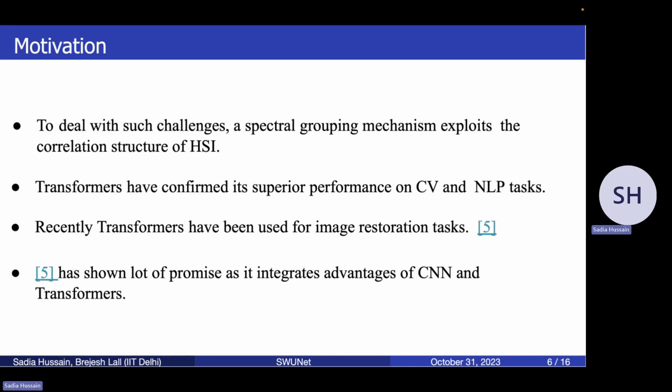Recently, a very famous transformer, the Swin transformer, has been used for its generalizing capability for tasks such as image restoration, image classification, segmentation, and depth prediction. Thus we can say that it has shown a lot of promise as it integrates CNN and transformers in one.